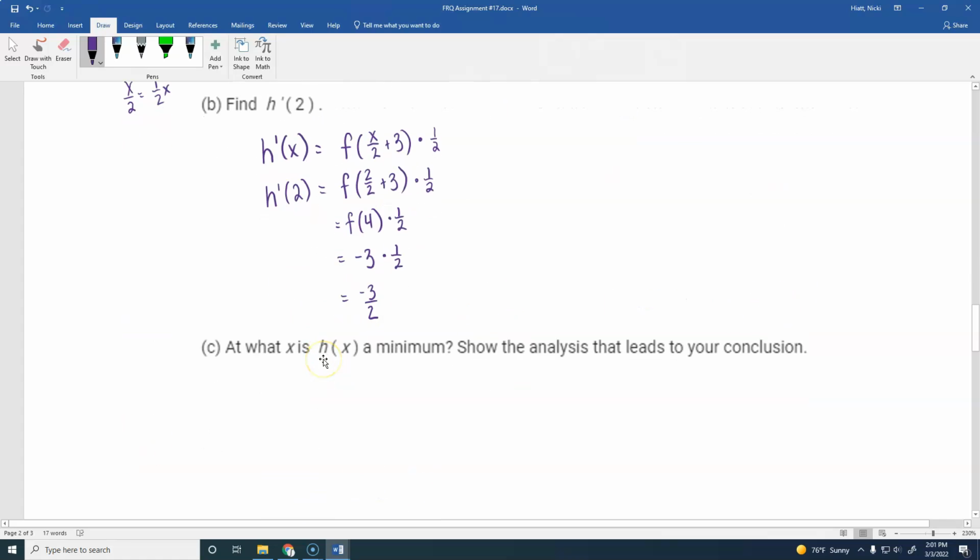And in fact, for this one, we have to do more than just look at the graph, because if h prime equals f of x, then we can just look at the graph. But here, h prime does not just equal our f of x. So remind me, let's go way back to when we were just looking at graphs. How can we tell that we have a minimum?